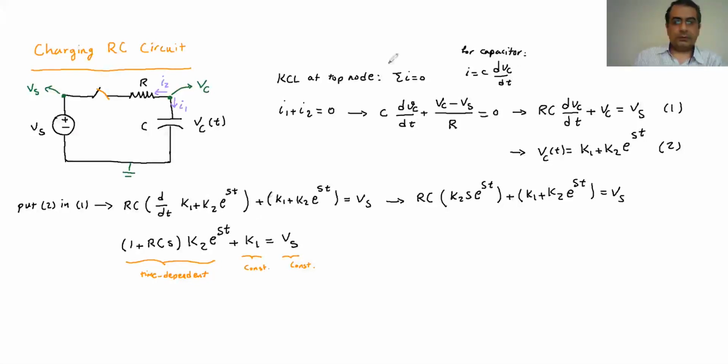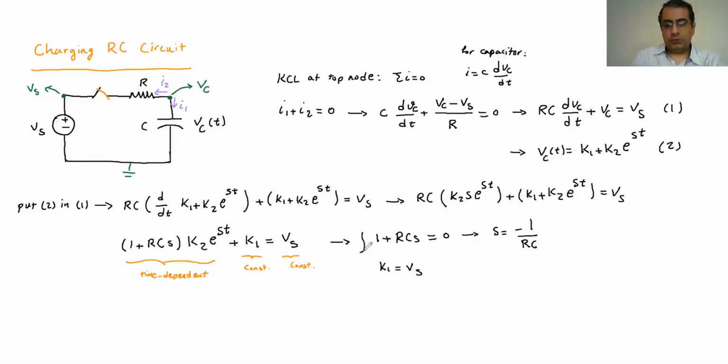If that part becomes 0, there are two things that we get. The first is that 1 plus RCS should become 0. And second, this constant should be equal to the other constant: K1 should be equal to Vs. From the first part, we also get S is equal to -1 over RC.